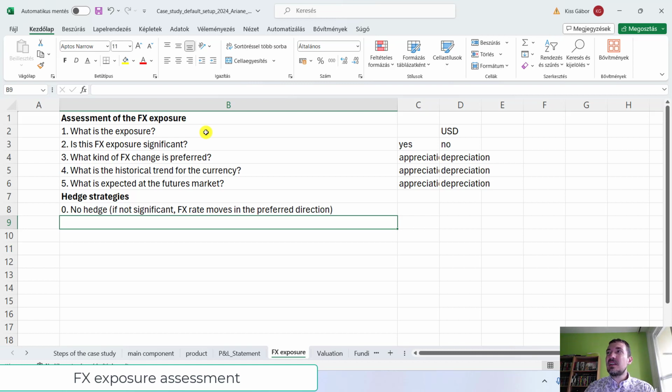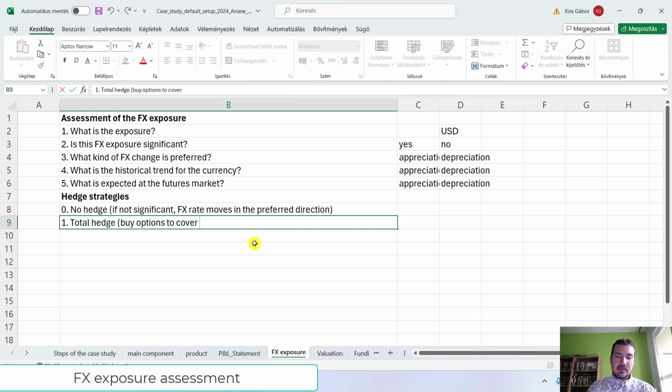Still, we can say that, okay, let's safeguard ourselves against some extraordinary things, but in this case, it's quite logical or rational to say that we don't need anything. Otherwise, we can do the total hedge. So, buy an option to cover the whole exposure, and that's all.